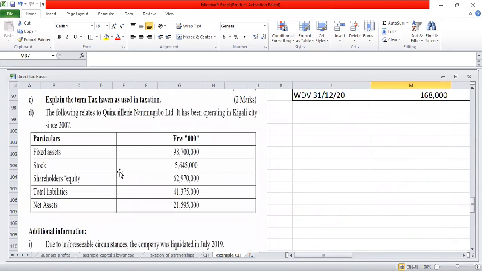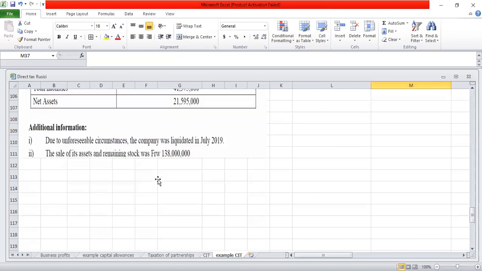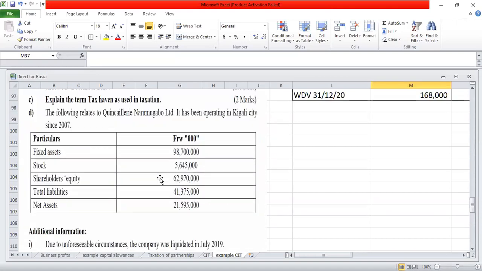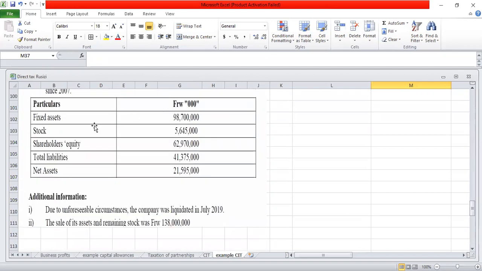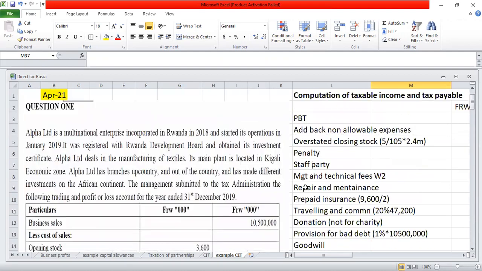The liquidation. This is what we have just finished studying. So you can do this one very fast, I think, from what we have looked at. So members, I think we are stopping here.